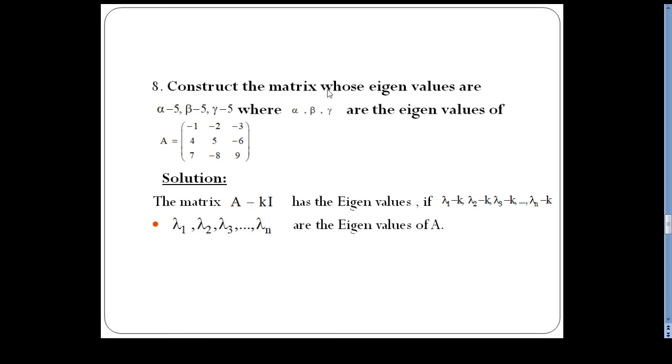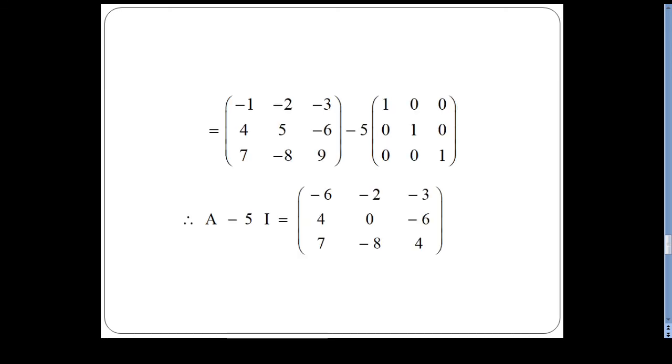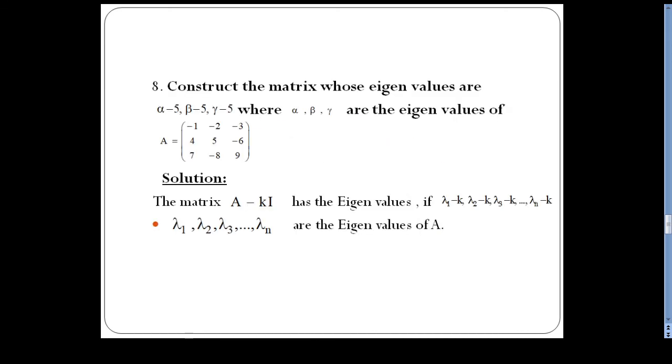Next problem. Construct the matrix whose eigenvalues are alpha minus 5, beta minus 5, gamma minus 5, where alpha, beta, gamma are the eigenvalues of matrix A. Now, using the property, A minus kI has eigenvalues lambda 1 minus k, lambda 2 minus k and so on, where lambda 1, lambda 2 are the eigenvalues of A. So for the matrix whose eigenvalues are alpha minus 5, beta minus 5, gamma minus 5, we calculate A minus kI.